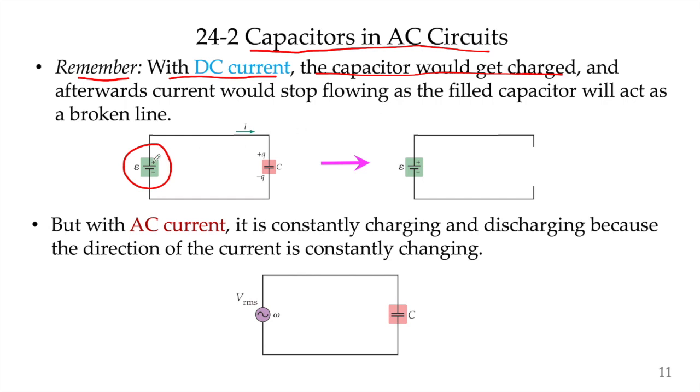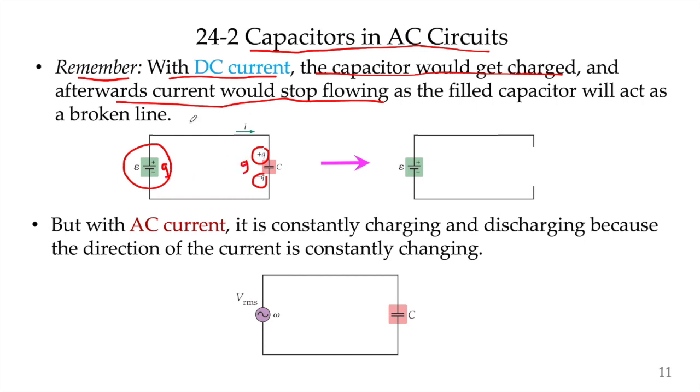So now this is the positive terminal, so the current will flow clockwise here, and this side will be positively charged, this side will be negatively charged. And when this is completely charged, the current will stop flowing, because if the battery is, let's say, 9 volts, the capacitor is going to be also 9 volts.